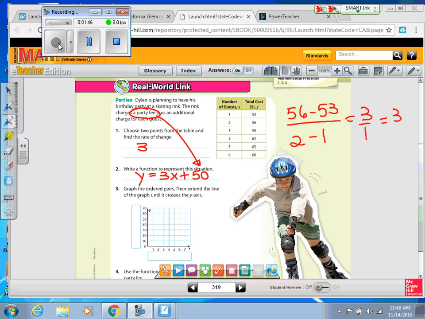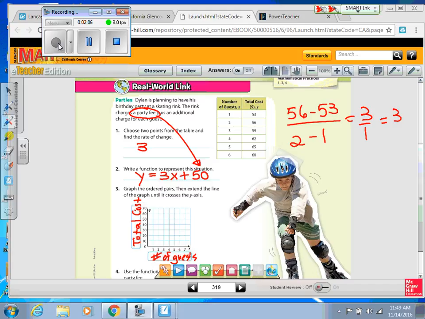They ask you to graph it. So remember, I told you the total cost is always the vertical axis, and then number of guests will be your horizontal.